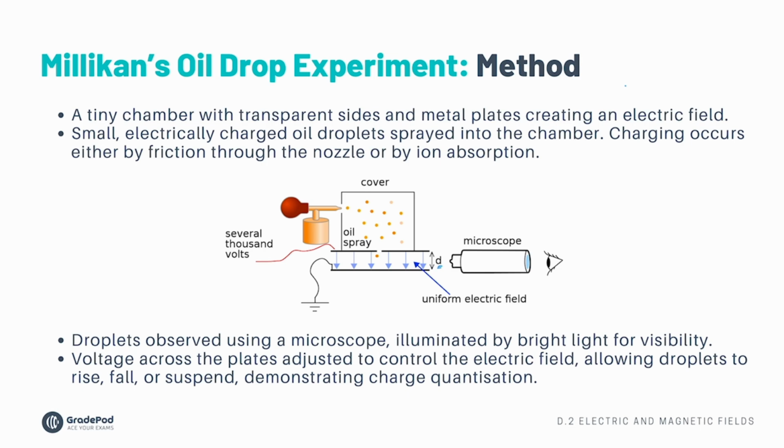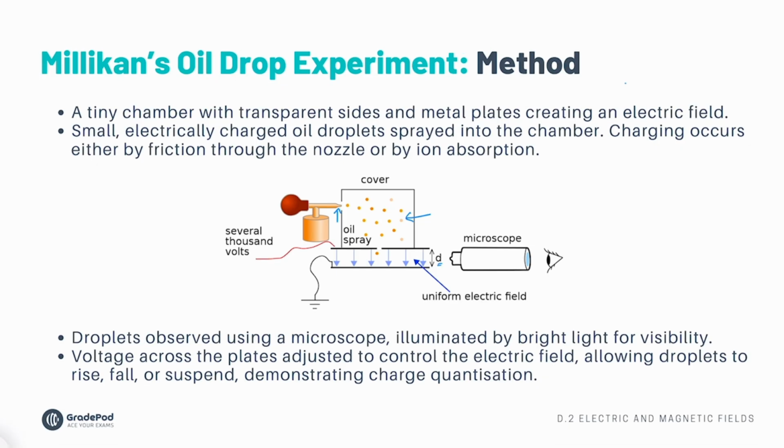They've been charged because when they go through the nozzle here, they've experienced friction, and that friction has caused the oil droplet to be charged. Or within this cover, they might absorb or lose ions or charge as they go through the air. So we can assume that these oil drops have a charge, and we don't know what the charge is.